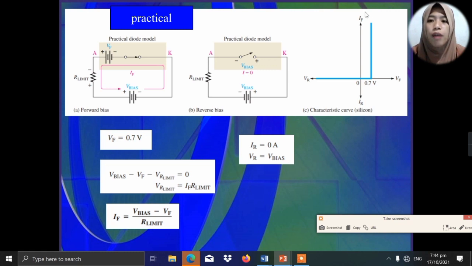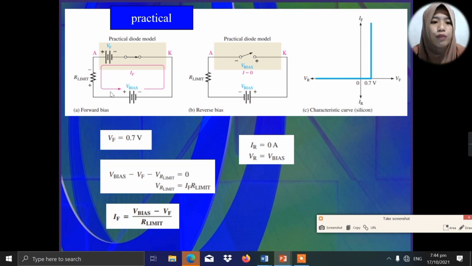And then, to get the value for this current IF, the current forward, gagamit tayo ng Kirchhoff rules. Using KVL, we have V sub bias minus V sub R minus V sub F is equals to 0. Wherein, our V sub R is equivalent yan sa IF multiplied with R limit.